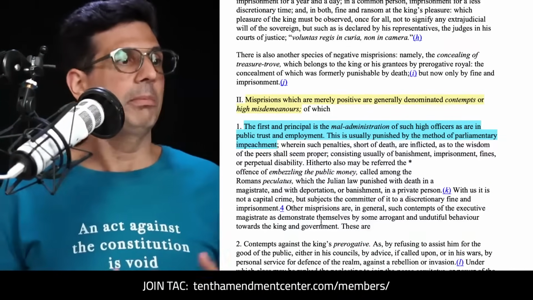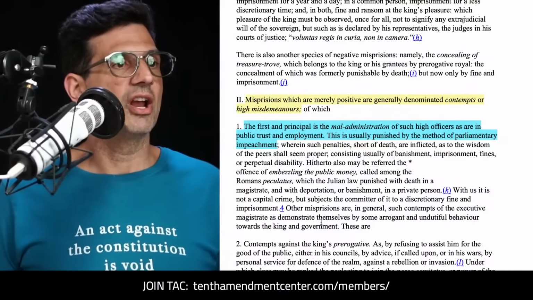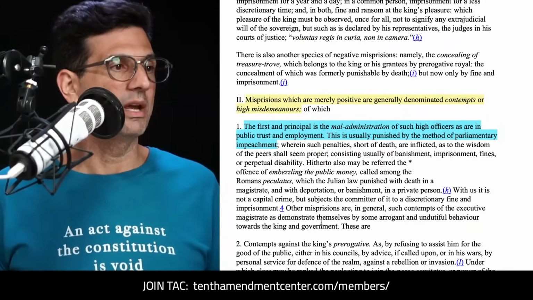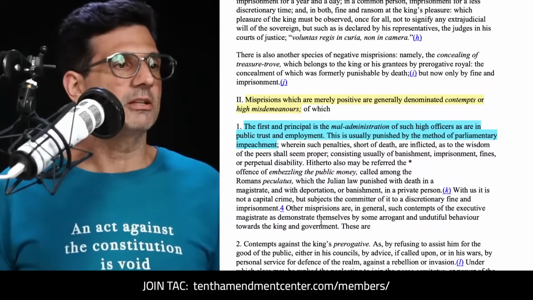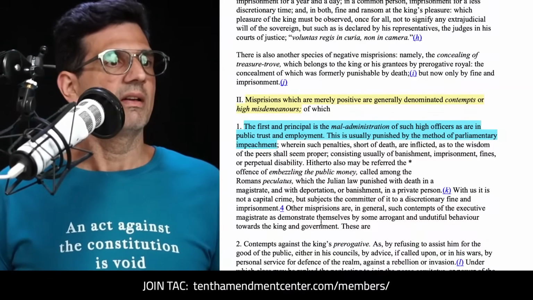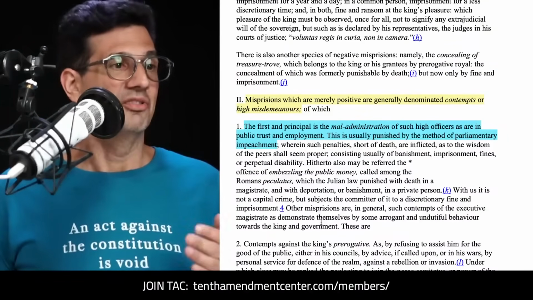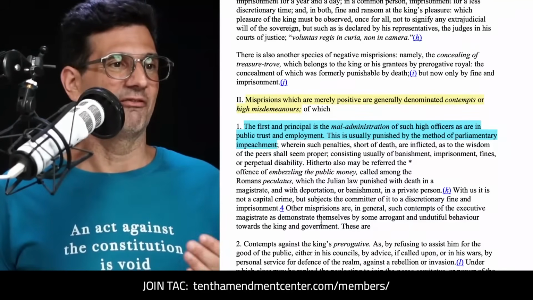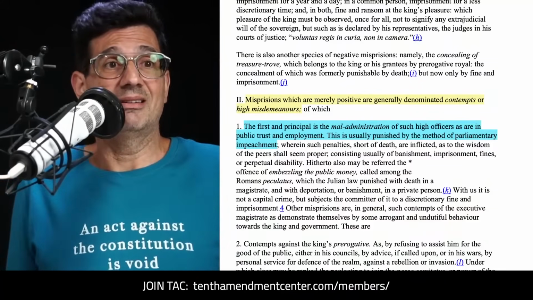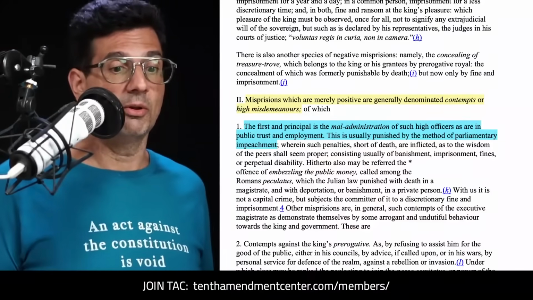Here, for example, this is how Blackstone put it: Misprisions, which are merely positive, are generally denominated contempts or high misdemeanors, of which the first and principal is the maladministration, again, that term, of such high officers as are in public trust and employment. This is usually punished by the method of parliamentary impeachment. So Blackstone is explaining, high misdemeanors are punished through impeachment, not through the normal criminal law.